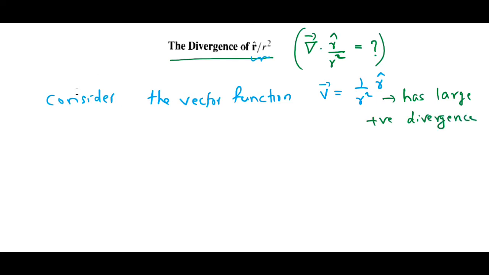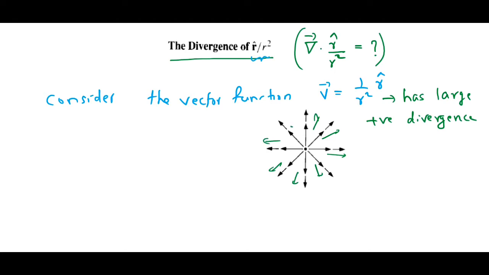That is, if this is a vector v diverging out from a given point, then it has a large positive divergence. We will see what is the divergence of this vector function v.